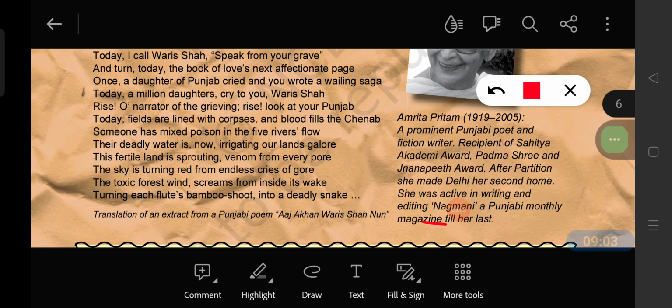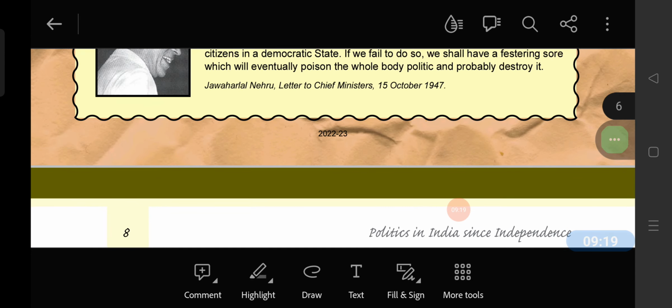So if the CUET exam asks who edited the Nagmani, you have to mention Amrita Pritam.